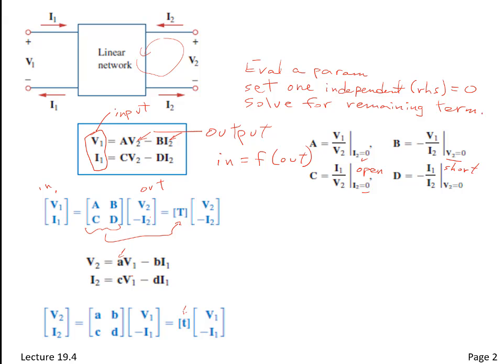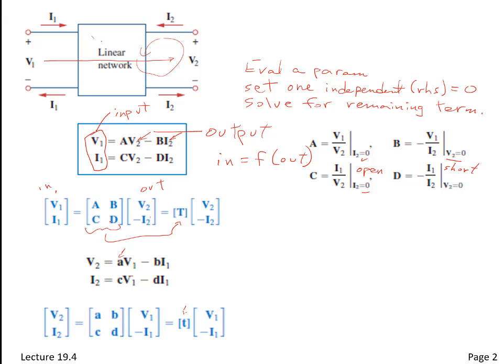We had z, we had y, we had h. Now we just pick the letter t because this relates to transmission. Some signal is moving left to right here, trying to move through this device. We're transmitting it from the left side to the right side.